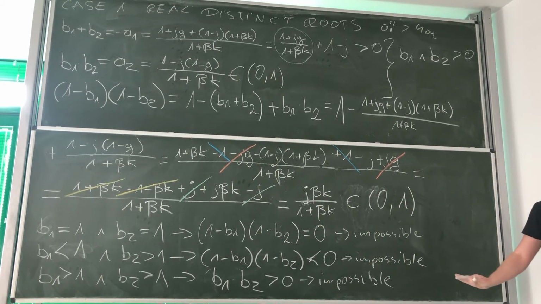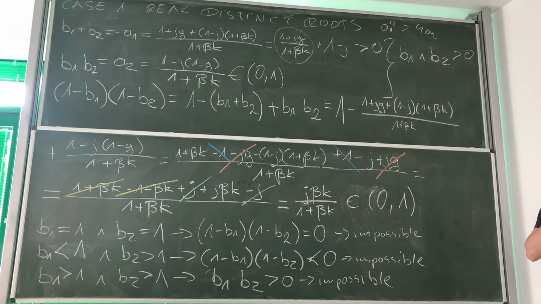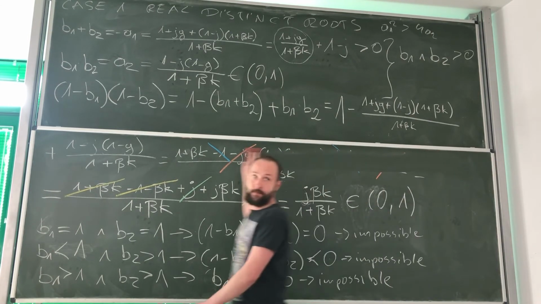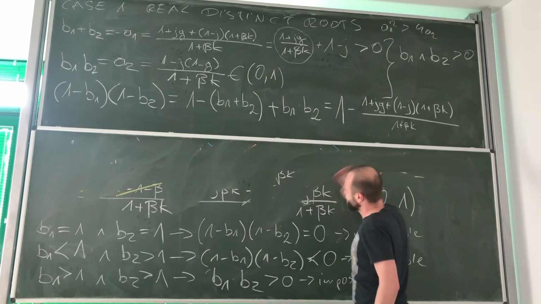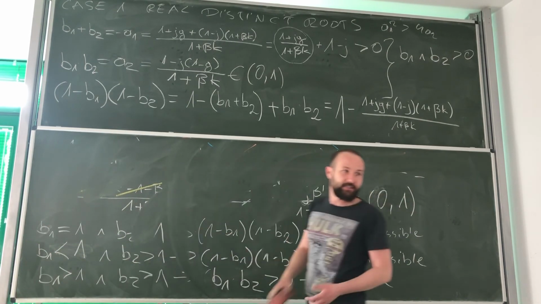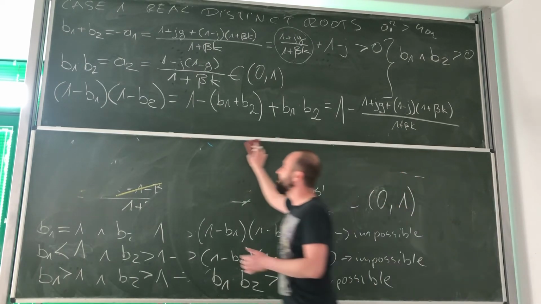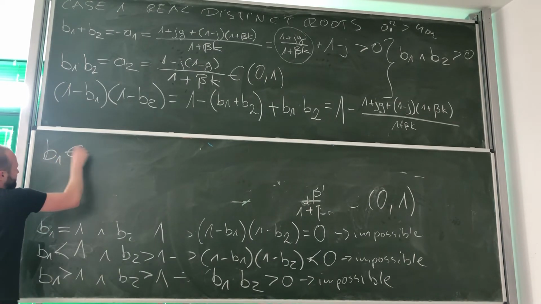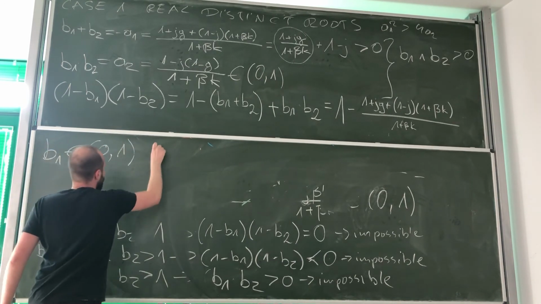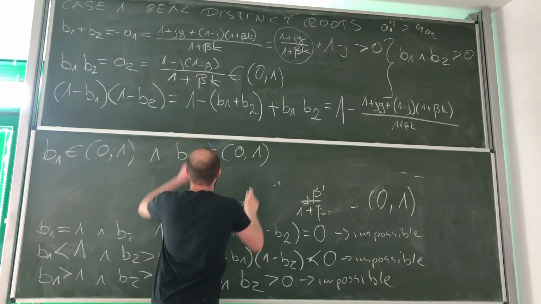So, consequently, we see that each of these cases is impossible. This also tells us that under the case of real distinct roots, we can be 100% sure that B1 is between 0 and 1, and B2 is between 0 and 1.